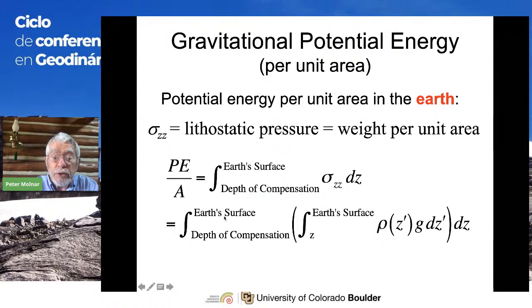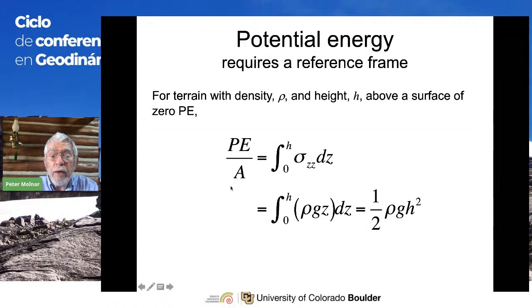You can write this separately. The vertical normal stress, the lithostatic pressure, is simply the integral from some depth to the Earth's surface of the density of the rock times gravity times this height coordinate. This is the same as what we went through just a minute ago, but in the form of calculus.